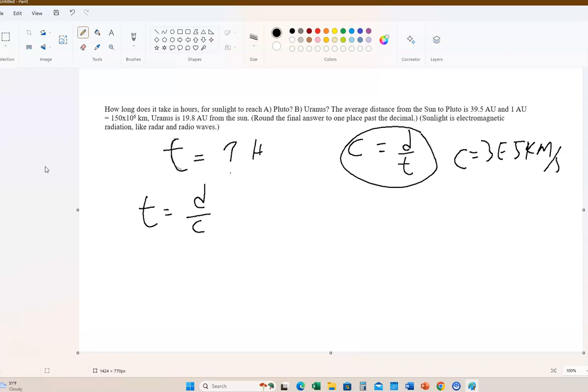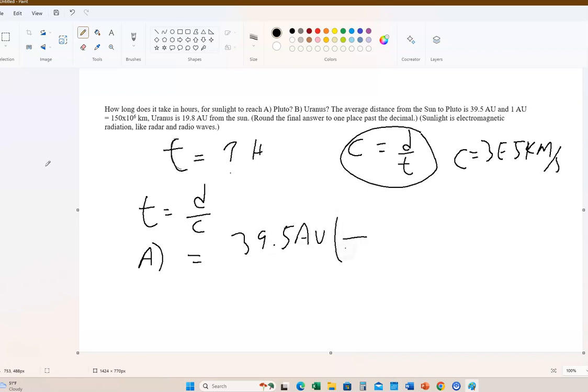All right, so in part A, we'll do both of them for goodness' sake. For part A, it's going to be 39.5, but that's of course in astronomical units, AU.